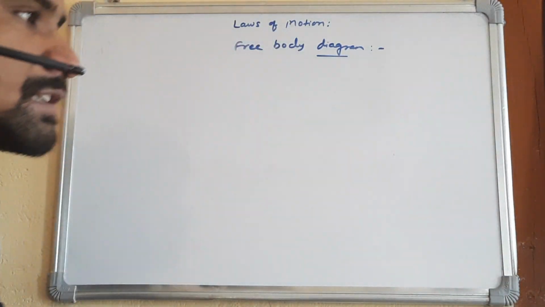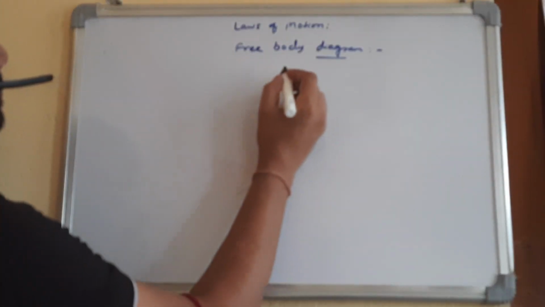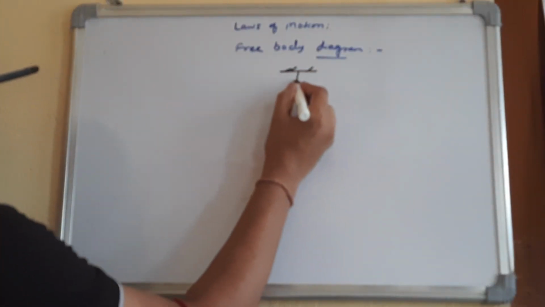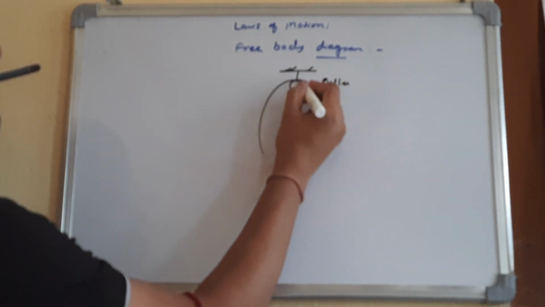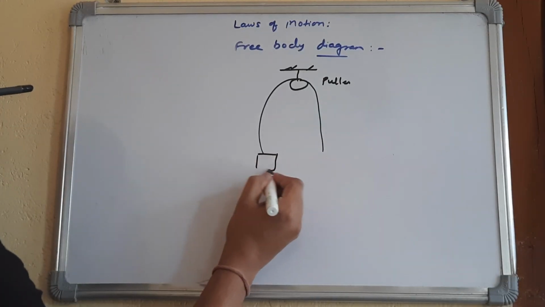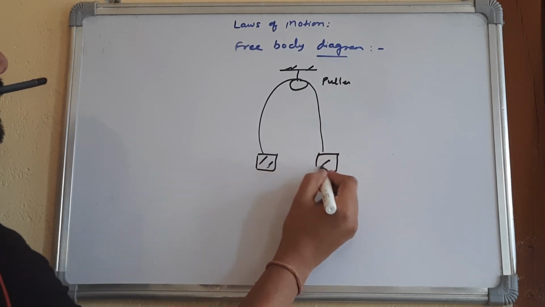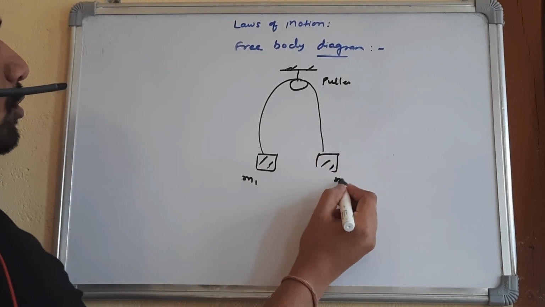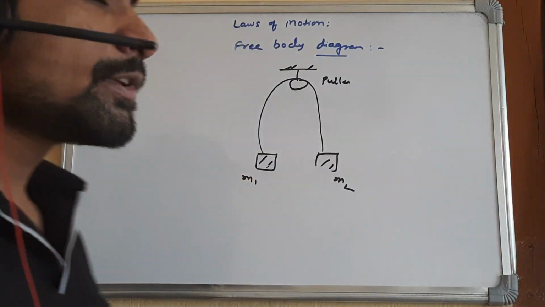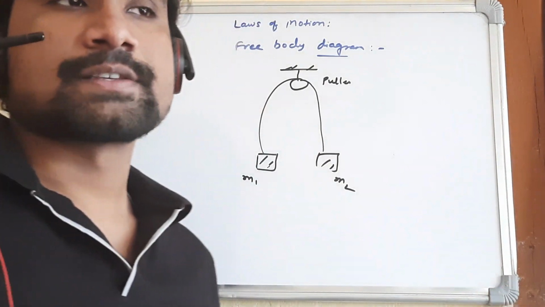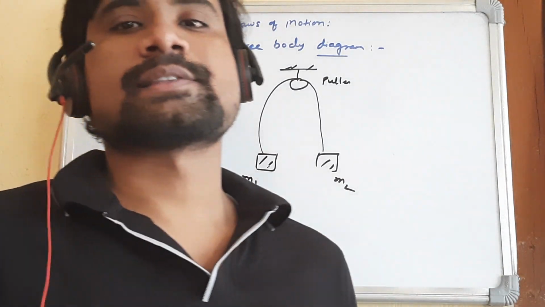Let's understand by an example. Let's say this is a system, this is a pulley, and there is a string which goes through this pulley and holds two objects. Let's say the masses of the objects are m1 and m2. These two bodies will undergo acceleration if there is a mass difference. If the masses are the same, there won't be any acceleration.